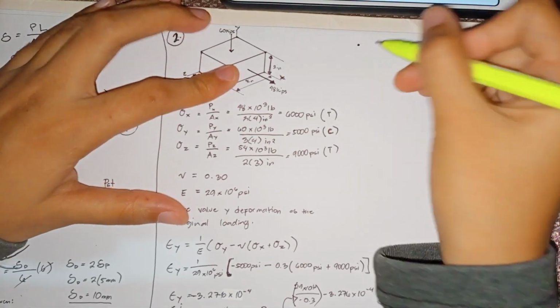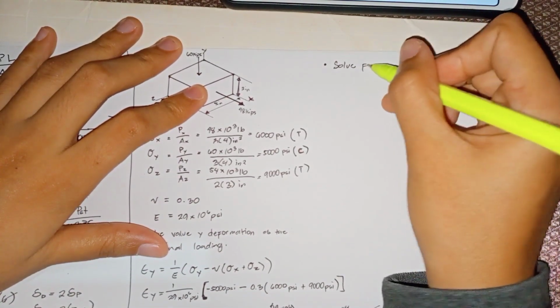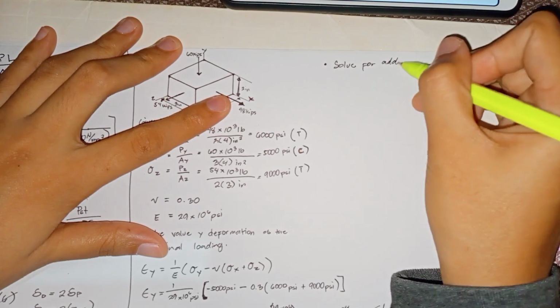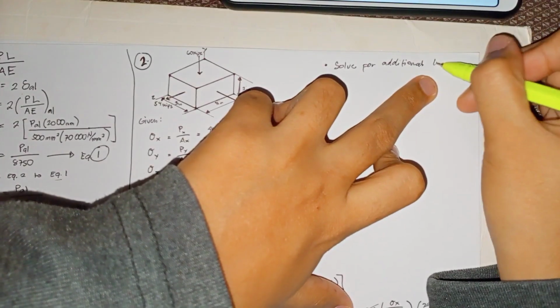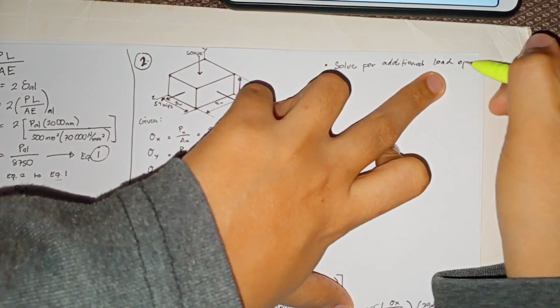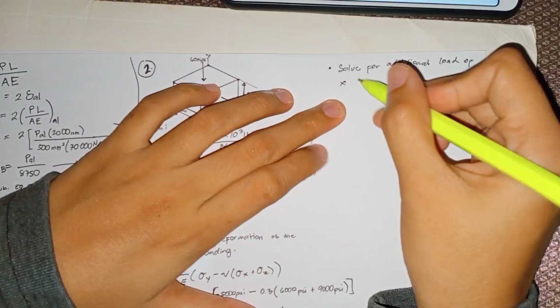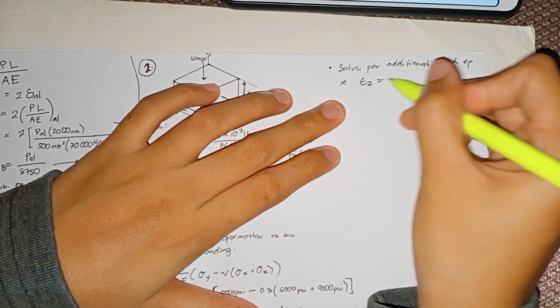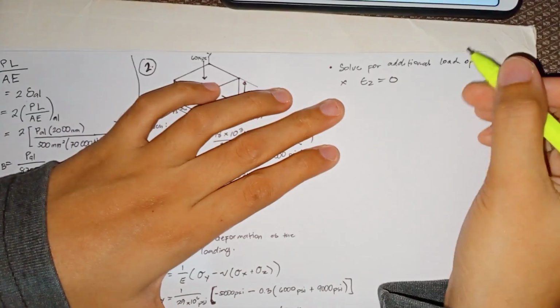Where ang condition natin is, lagay muna natin dito, solve for the additional load of X. Given that yung strain natin sa Z would be equal to 0. 0 kasi wala siyang changes.